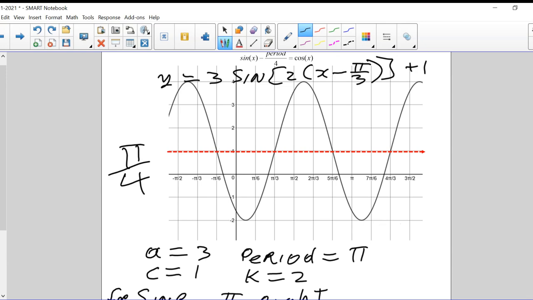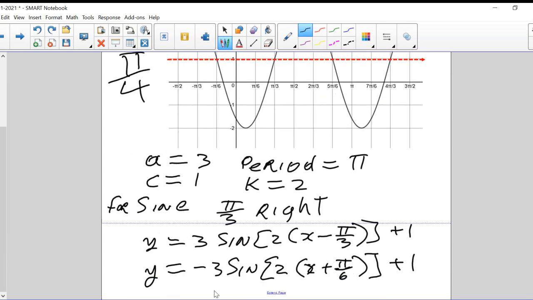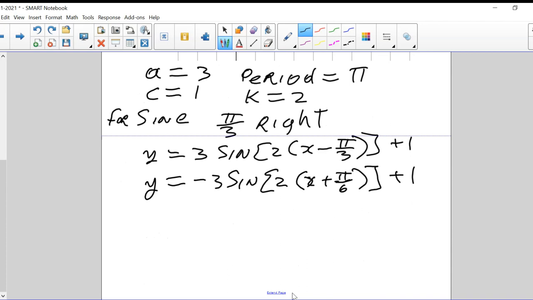So we come to the bottom of the page here. Take the x minus pi over 3 and minus from that pi over 4. That's exactly what we're going to do. The common denominator here is 12.